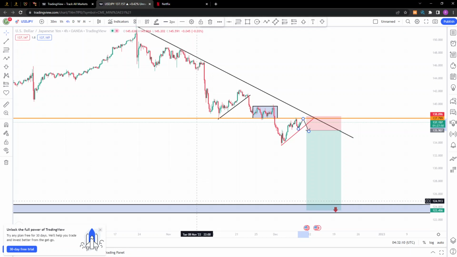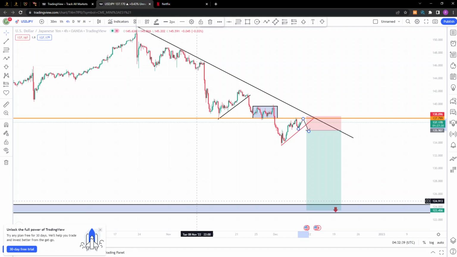Price is forming a rising wedge, like a flag. Like I told you guys, continuation patterns are one of the best to trade because you already know them based on price action. Price is forming a rising wedge.